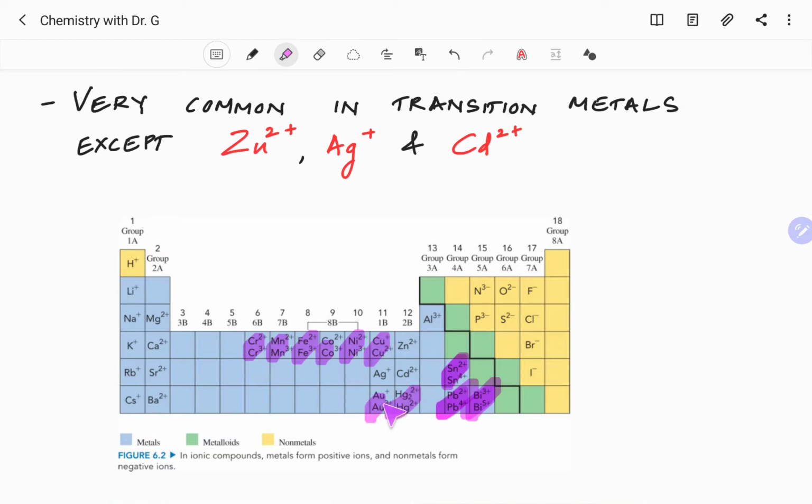I'm not asking you to remember all these cations right now, but it is important that you at least have a commonality for these cations.